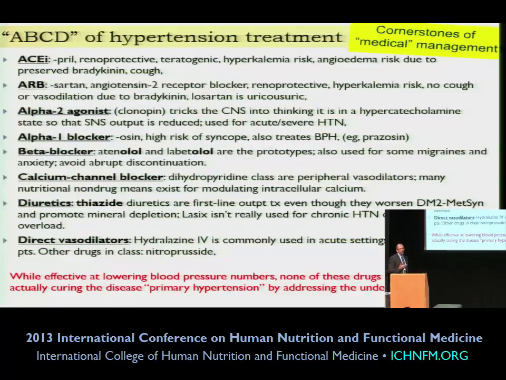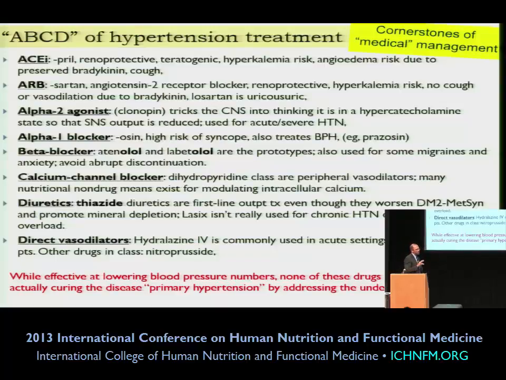Now, I think we all respect the fact that that does have a role. If you have a patient in the emergency room with a blood pressure of 250 over 190, right? The time has come for medications. I think we all appreciate that. In that case, we'd probably use intravenous hydralazine, 10 milligrams every 20 minutes or so.